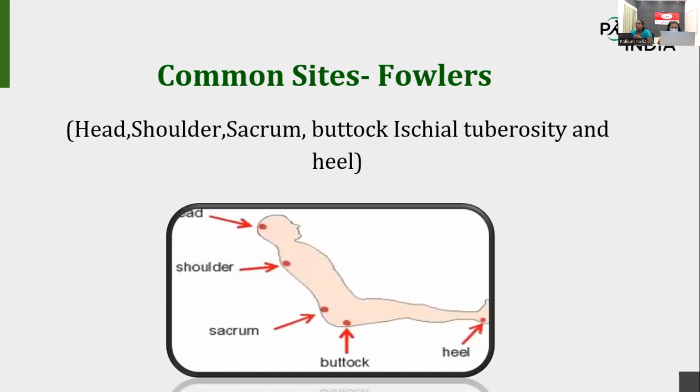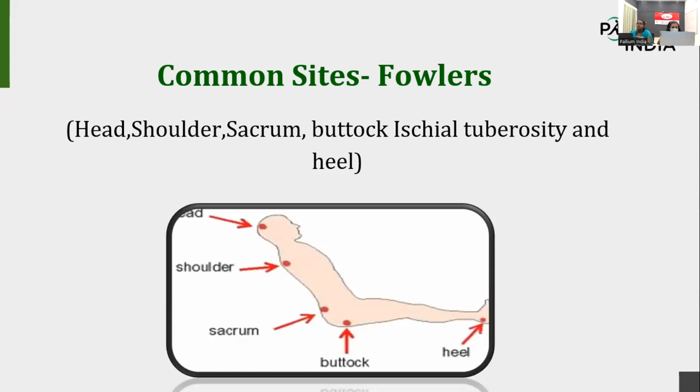Coming to the Fowler's position, we all know this is the best position for patients suffering with dyspnea, breathing difficulty. Patients can get relief with this position. Even in this position, we need to change position: at least a 10-degree turn is mandatory.